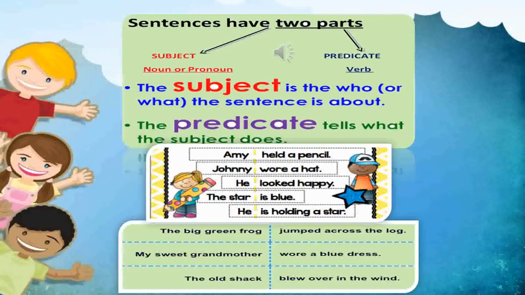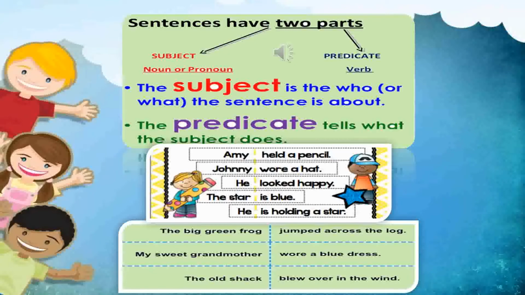The subject can be a single word or a group of words. And when we speak about the predicate, in most sentences, the predicate starts with the verb of that sentence. See the following examples. The big green frog jumped across the log.